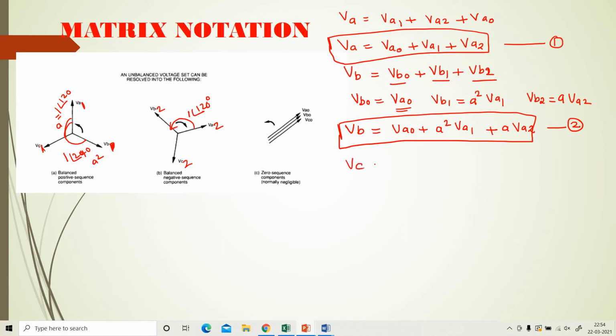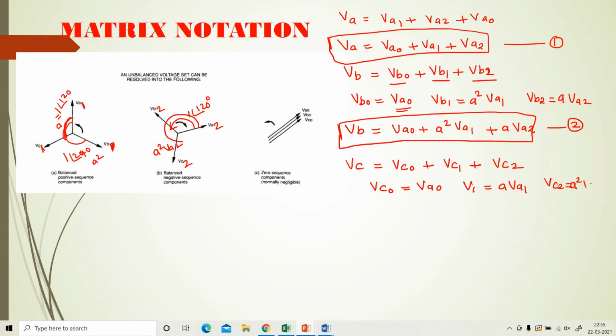Then write VC. VC is what? VC0 plus VC1 plus VC2. So VC0 equal to what? VA0. VC1 how to write? VC1 equal to a into VA1. And what is VC2 in a negative sequence component? a square into VA2.